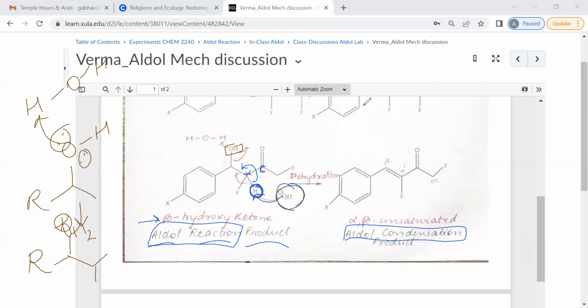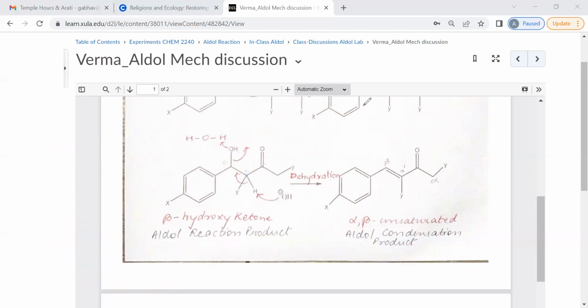Meanwhile, your base is abstracting the alpha hydrogen. And this helps the elimination reaction. So now earlier you had an alpha, beta hydroxy, but that beta hydroxy is now missing.